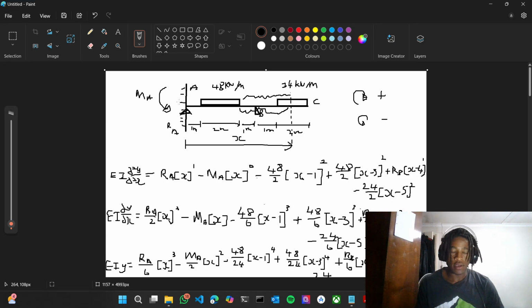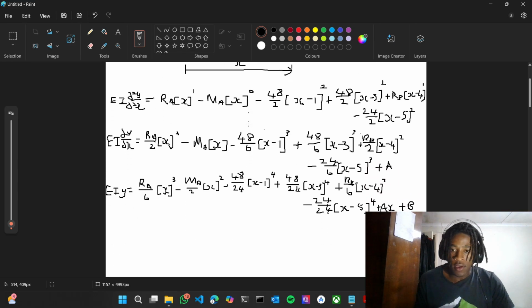That is the slope of the system when x is 0 at the cantilever, it'll be 0, and the deflection at 0 will also be 0. Then the deflection at x equal to 4, which is at the point B, will be 0, but not the slope, only the deflection. Right?